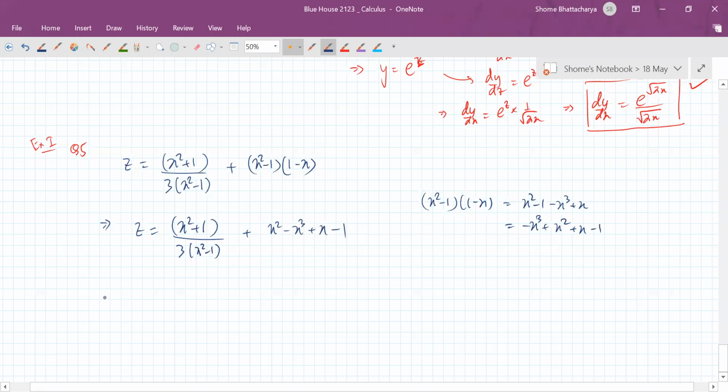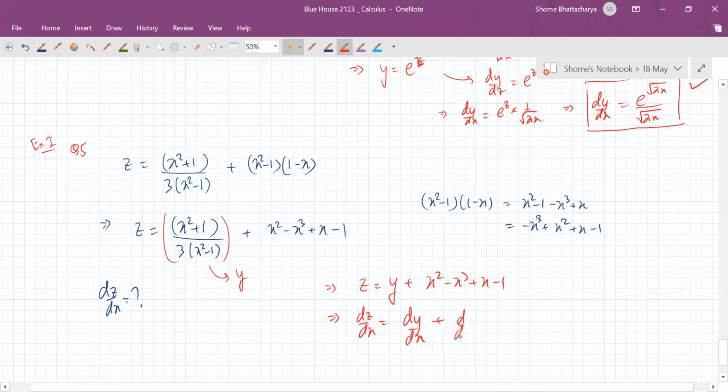Okay. Now to find dz by dx, what we can do is first we can think of this whole quantity as y, let's say. So z is equal to y plus x square minus x cube plus x minus 1. So dz by dx will become dy by dx plus differentiation of this whole term. Okay.